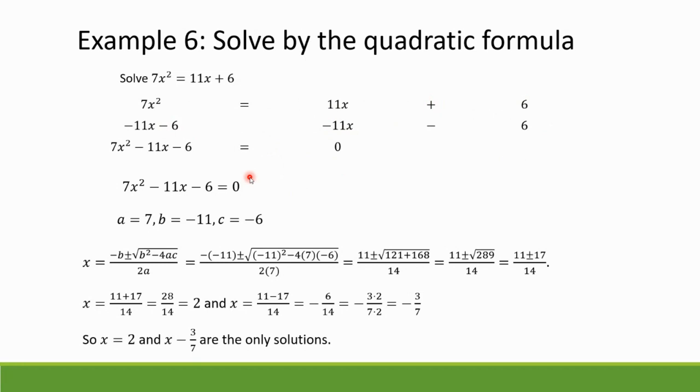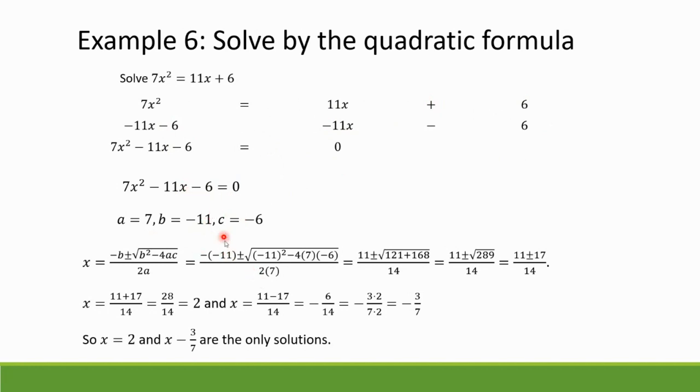Now we can use the quadratic formula, with, as you can see, a is 7, b is negative 11, and c is negative 6.